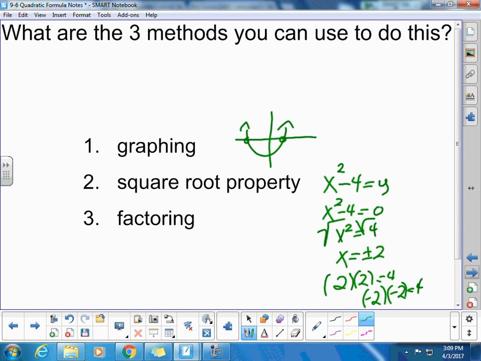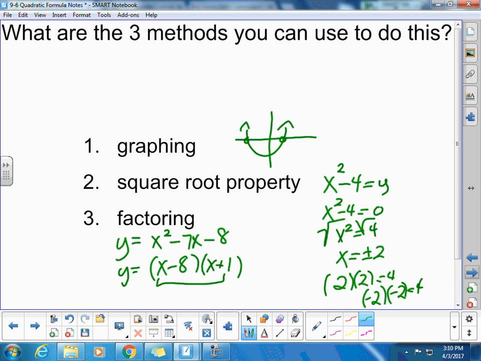or factoring like we did previously, almost all last chapter, where we'd have like y equals x squared minus 7x minus 8, which we could factor into x minus 8 and x plus 1, because this is 1x, this is negative 8x, so together they make that negative 7x.